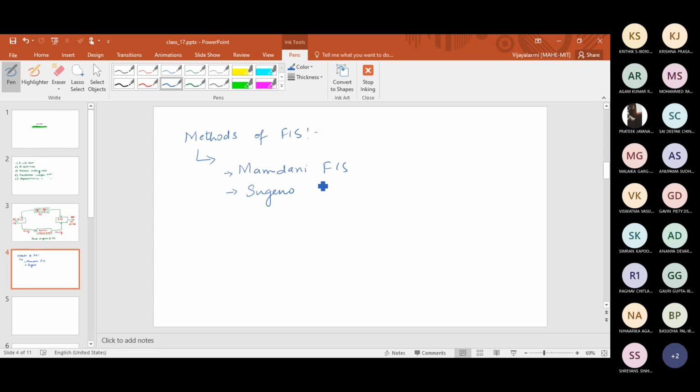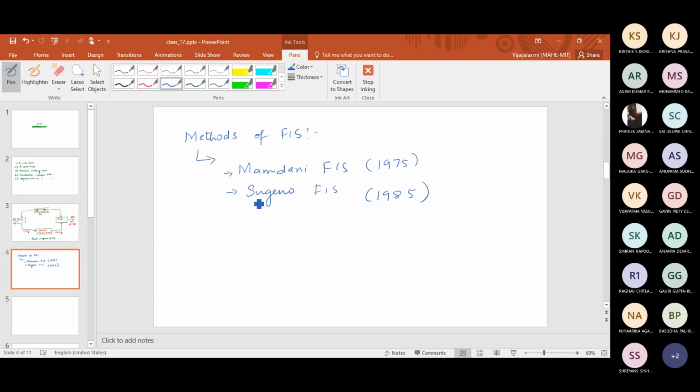This was introduced in the year 1975, whereas this came in 1985. Based on the type of modeling, these two methods are there, Mamdani and Sugeno FIS. I will not discuss how they work.